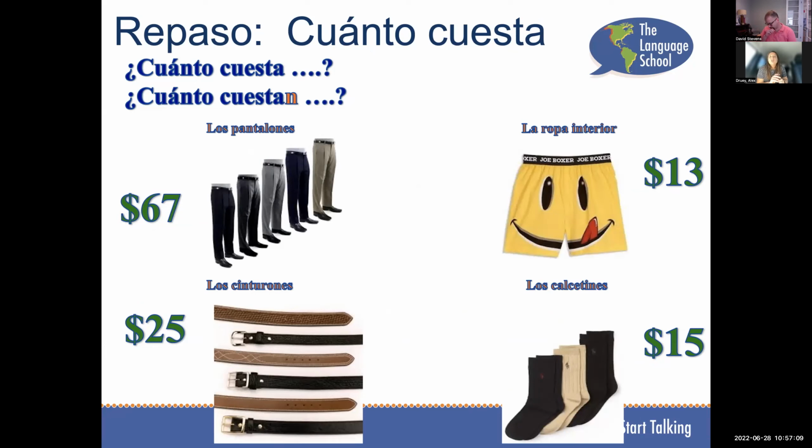Los cinturones cuestan 25 dólares. Ok. ¿Cuánto cuestan los calcetines? Los calcetines cuestan $15.